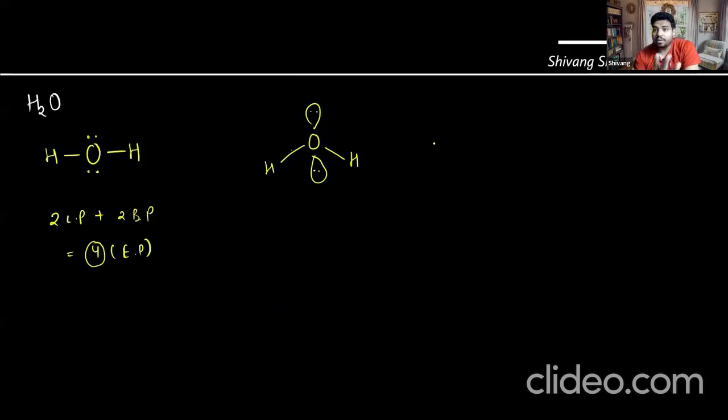Now excluding the lone pairs, same steps every time. So O, H, H. This is how water looks. This is called bent shaped. So water is a bent shaped molecule. Okay. Again, the repulsion is going to be there. So again, the bonds are going to get squeezed, right?